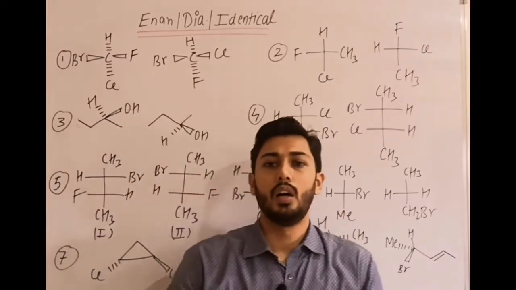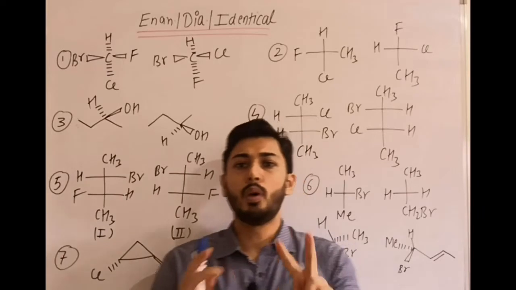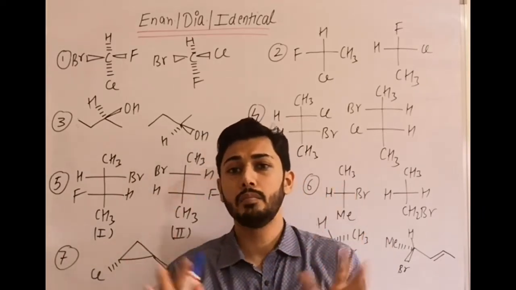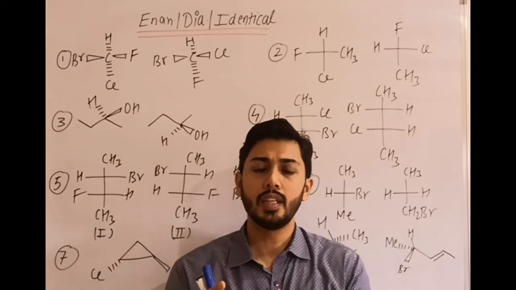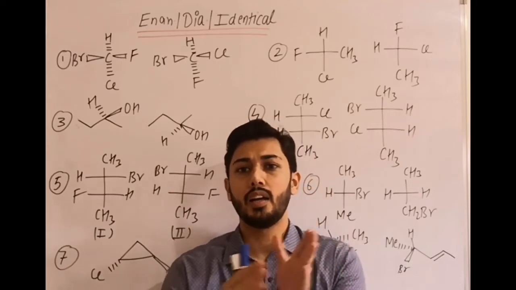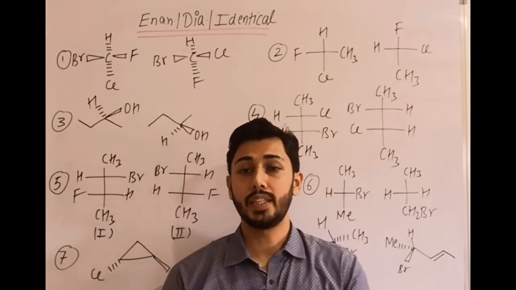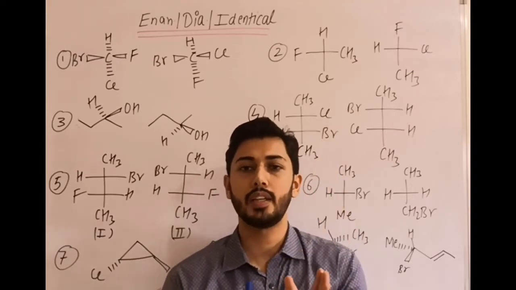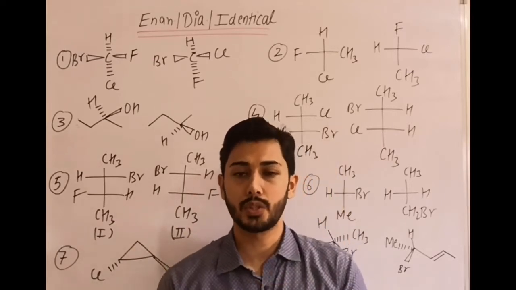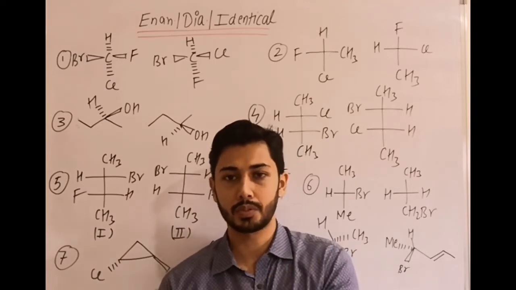I'll tell you quickly that whenever two molecules are given and they have same arrangement of groups, that is they are stereoisomers, then if one is R and other is exactly opposite, that is S, then they are enantiomers. That means for each chiral center, if opposite configuration is there, they are enantiomers.